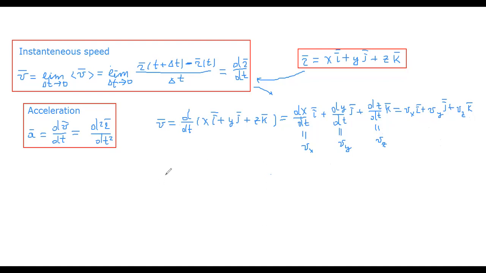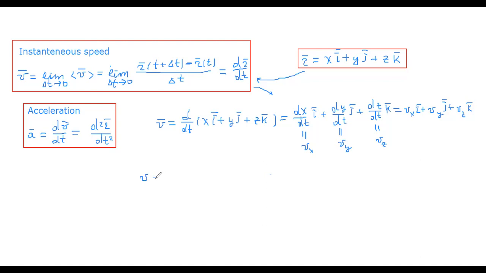Maybe we want to know the absolute value of velocity, if we don't want to know the direction. How will we find this?